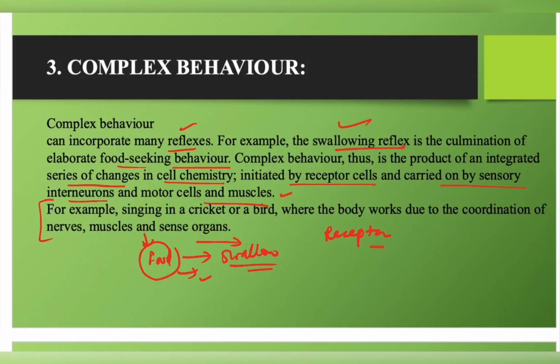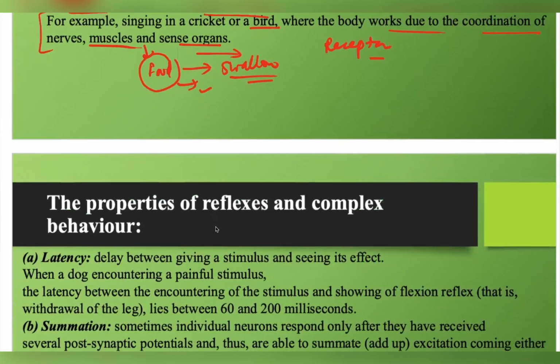So this is a complex behavior because it involves a lot of changes. Another example is singing in a cricket or a bird, where the body works due to the coordination of the nerves, muscles and sense organs. Same goes for swallowing. When a bird sings, the neurons work all together with the muscles and the organs involved in that particular action.